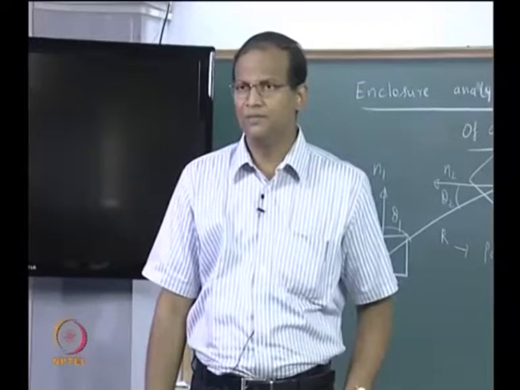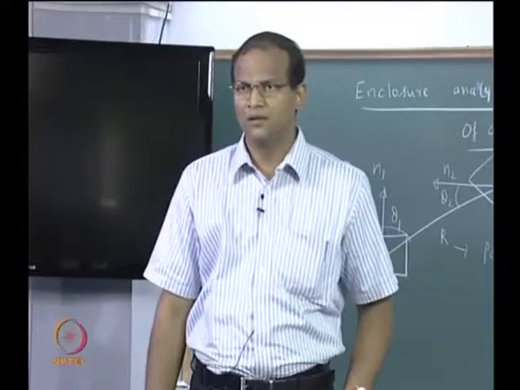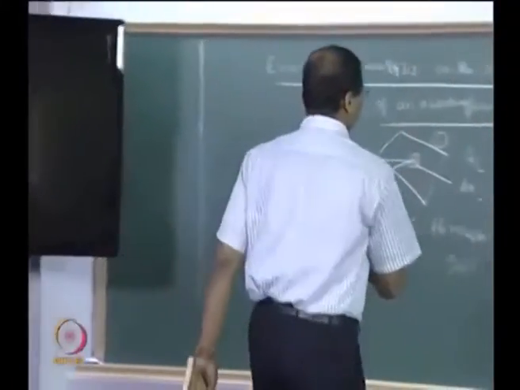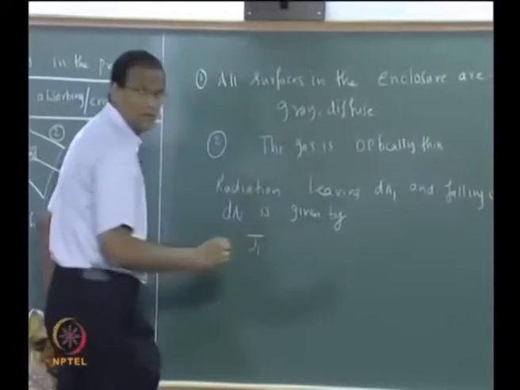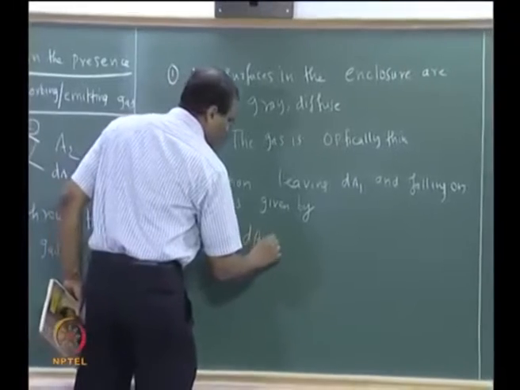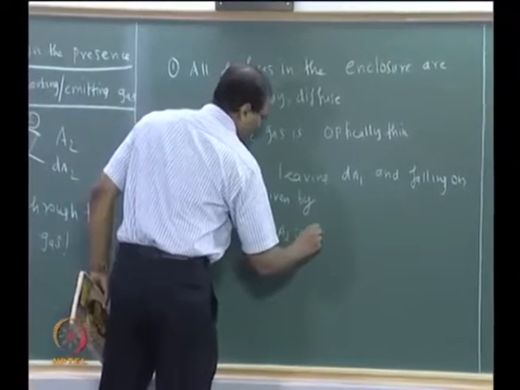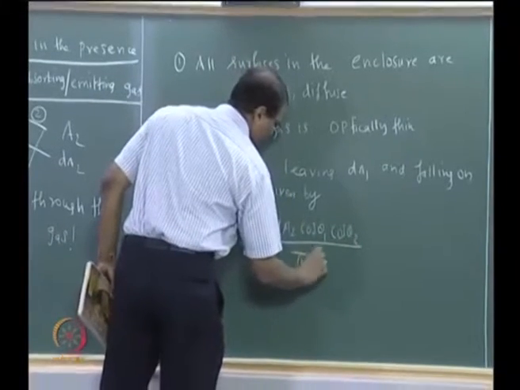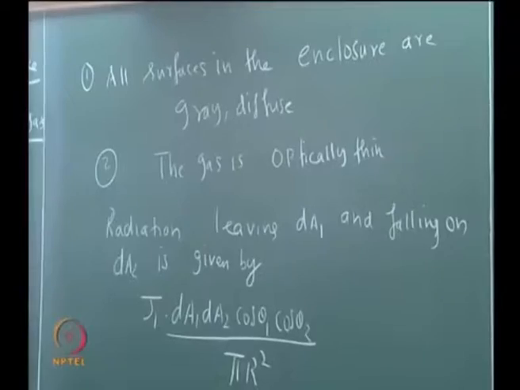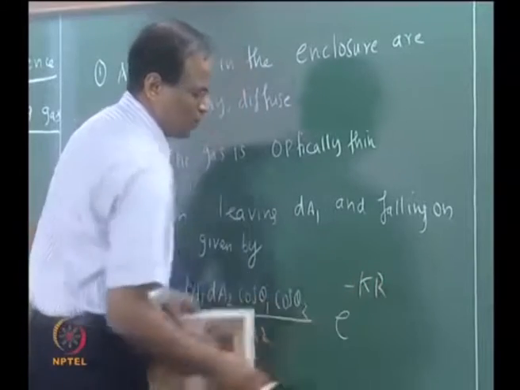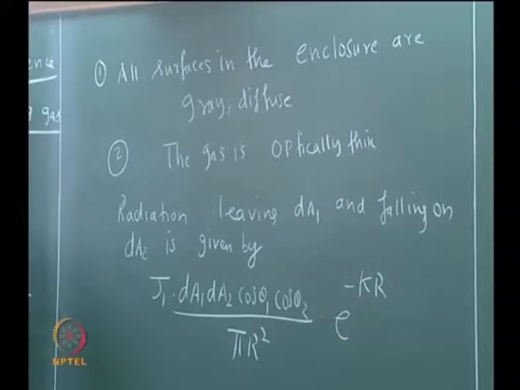So, the radiation which is leaving dA1 which is falling on dA2 is given by J1 multiplied by dA1. Okay, what is that extra funda I have put?